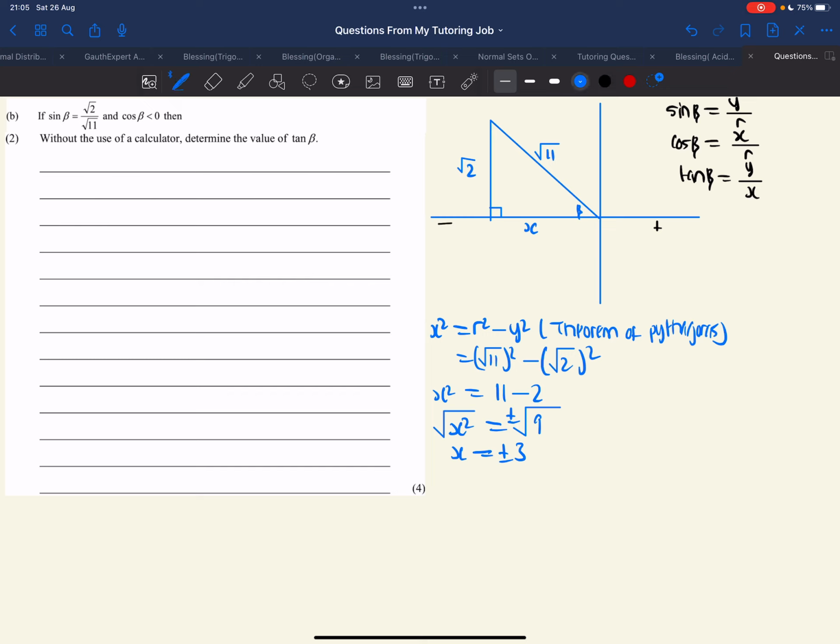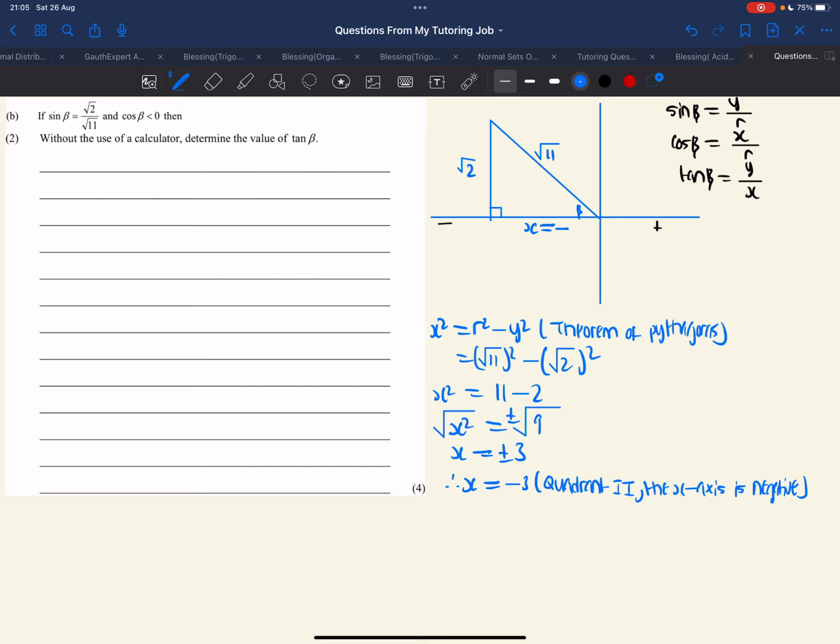So basically we're going to say that therefore x equals minus 3, because in quadrant 2 the x-axis is negative. All right, so we have found our x being negative 3.